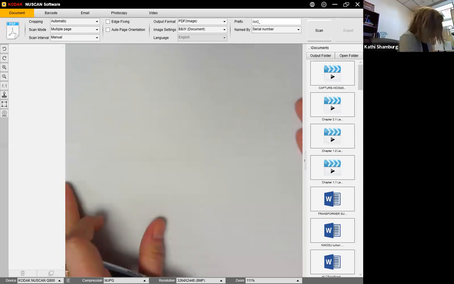We will start chapter 1 now. We're going to start with section 1.1, which hopefully is a review for you. This should be review topics. So let's go ahead and get started.